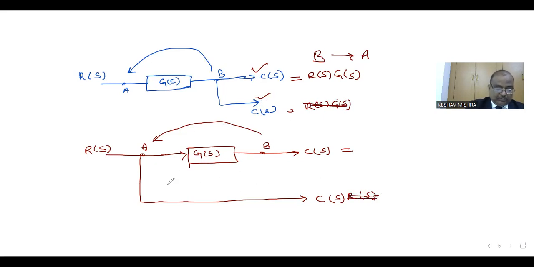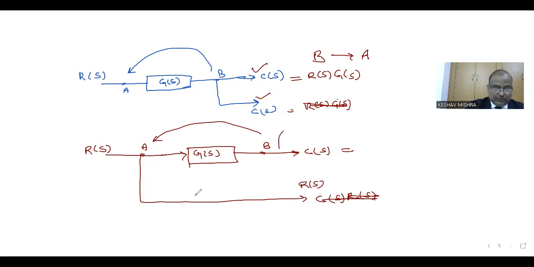Now this value is shifted to Rs because we have shifted point B to A. So this A is directly connected with the input signal. So now the output is shifted to Rs. But we should get Cs.